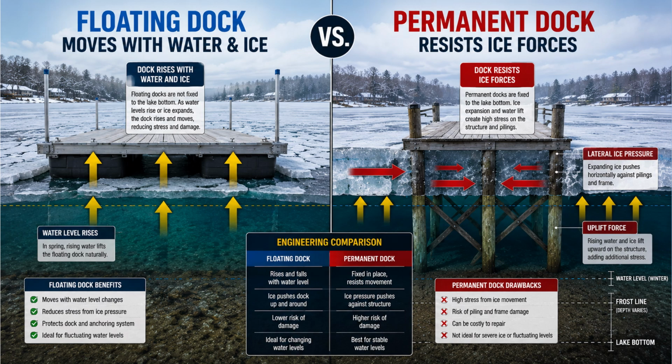Permanent or fixed docks resist movement. They are fixed to the lake bottom. Ice expansion and water lift create high stress on the structure and pilings. That strength is excellent during summer, but during severe winters, rigidity becomes a disadvantage if ice loads exceed the design. Different lakes require different solutions.